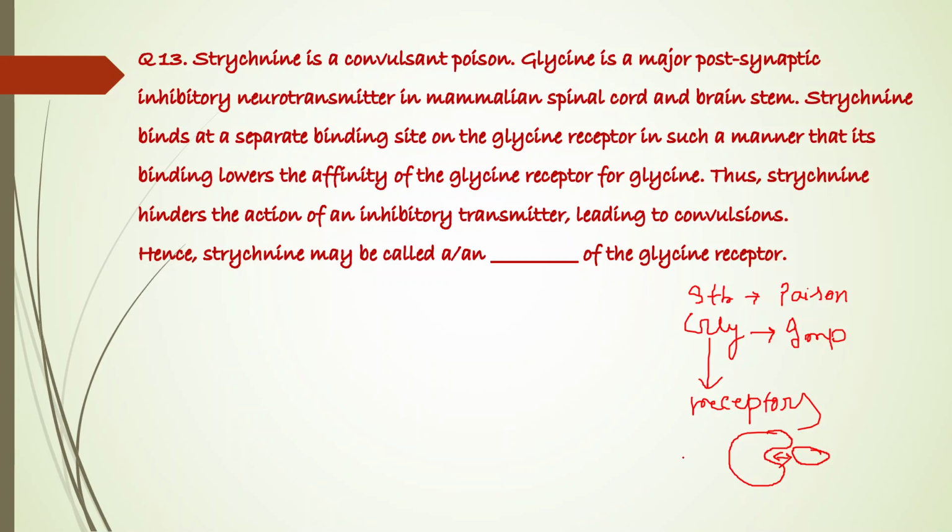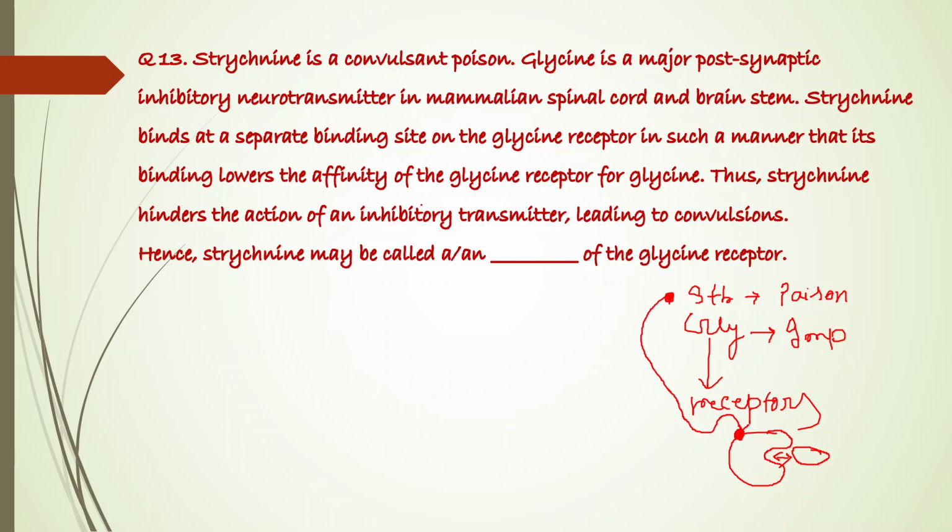So we already know that some poisons or inhibitors do not always target the active or catalytic site. So this is the site for binding for glycine. Fine. But sometimes some inhibitors or poisons do not target the catalytic site but some other site. Suppose it binds here. Fine. That is what they said. Some other binding site than the glycine receptor.